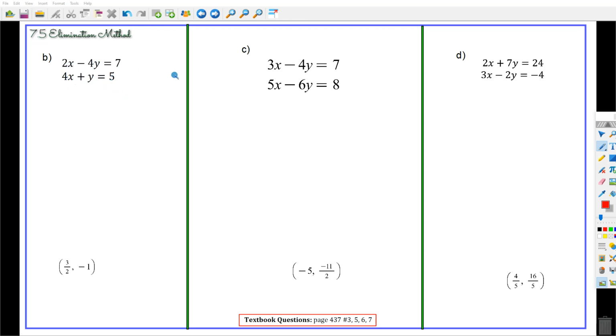So I'm going to try and show you 3 examples here, but I'm not going to solve the systems the whole way. I will just get you one of the numbers, and then the solutions are down here so you could finish off the question to get the other one.